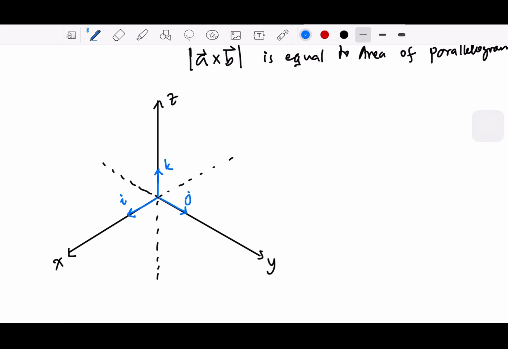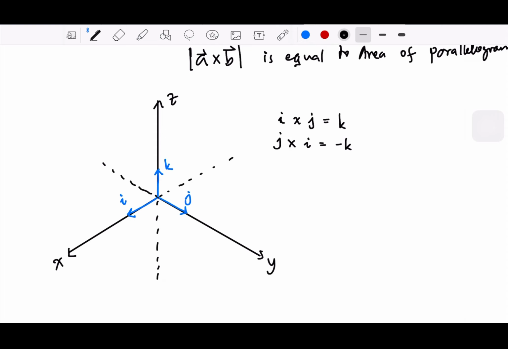So the basic rule: this is equal to k. But if we cross from j to i, it's going down, right? So j cross i will be negative k.